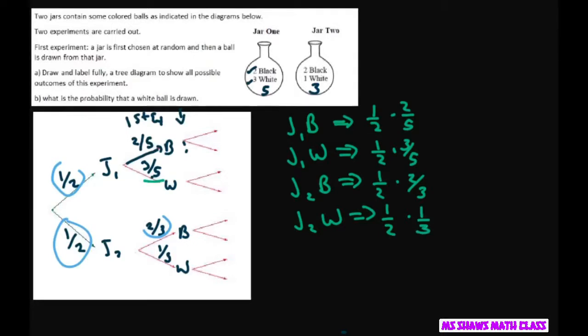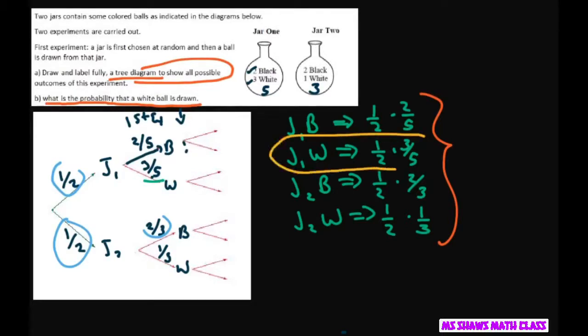So we drew the diagram and showed all possible outcomes. Here they are. And now we want to know what is the probability that a white ball is drawn. So the only places we have white are here. So we either drew a white ball out of jar 1, or, remember, or means plus in probability.